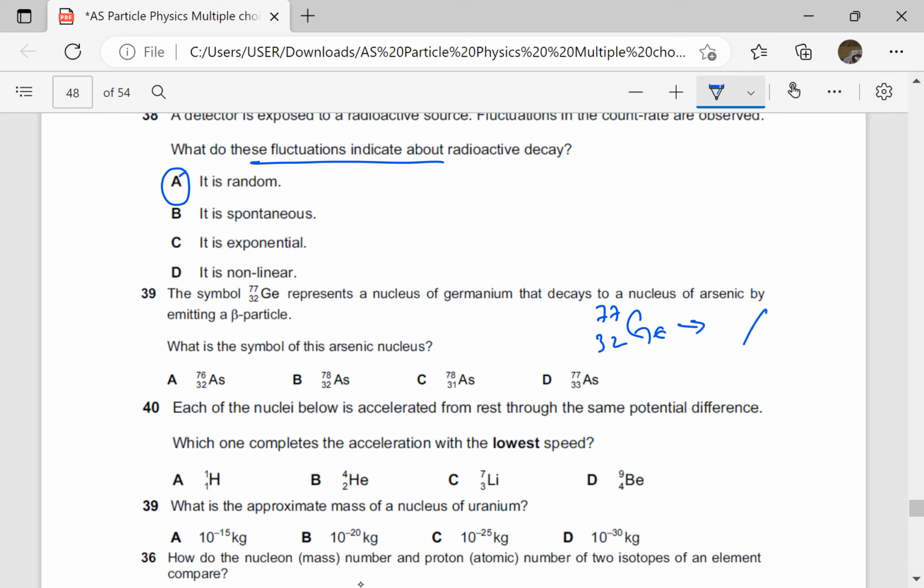It is emitting X by beta particle, so it is beta 0, -1. So this remains 77. It means all these ones are wrong because the nucleon number is not supposed to change. So it means the answer is only D, because this will be 32, the other one will be 33.